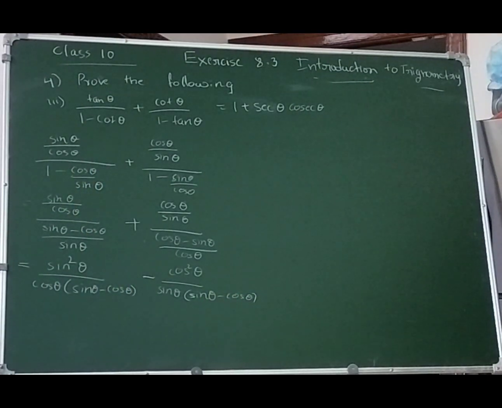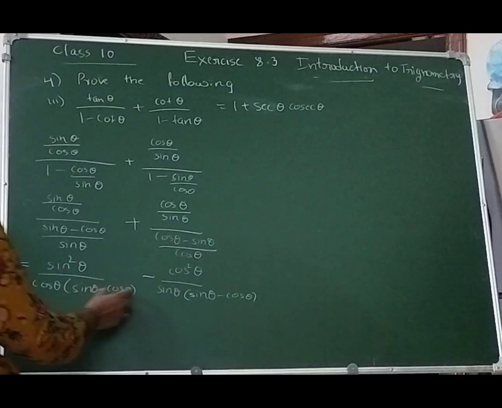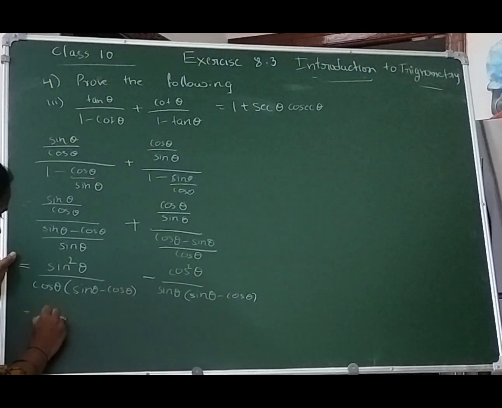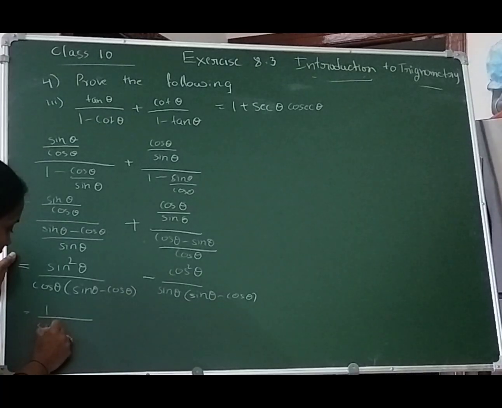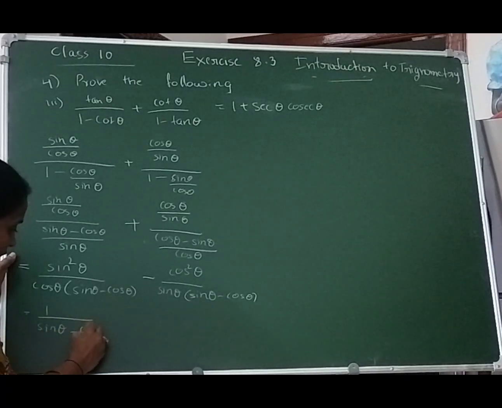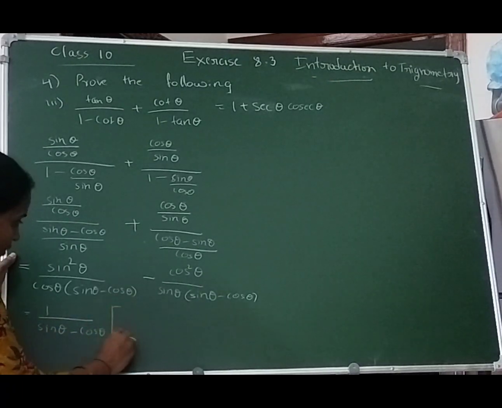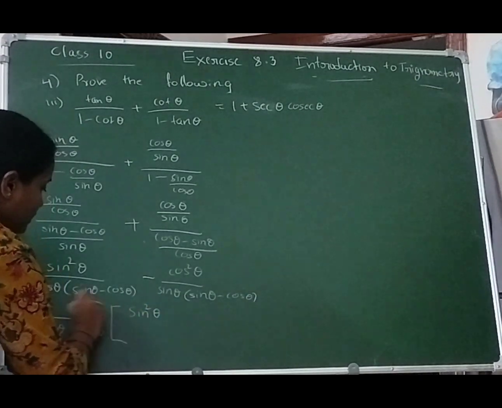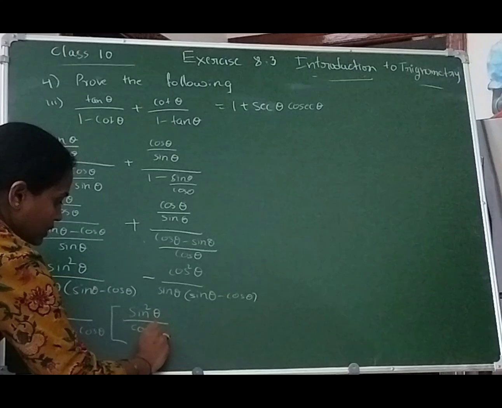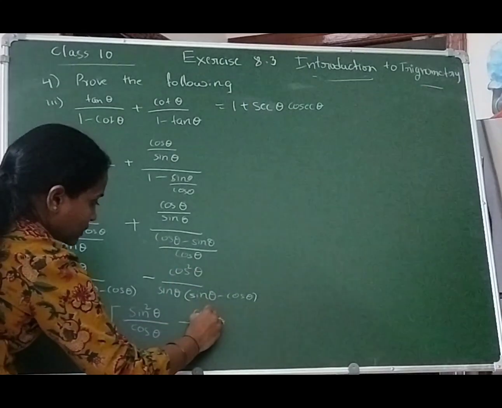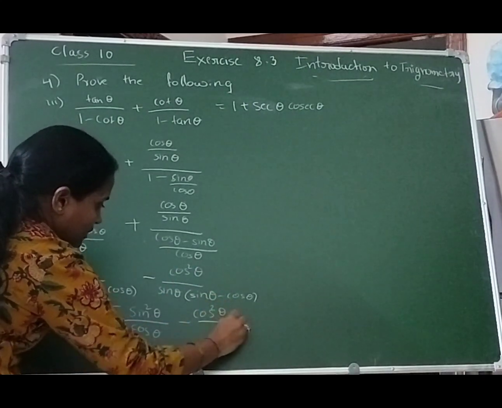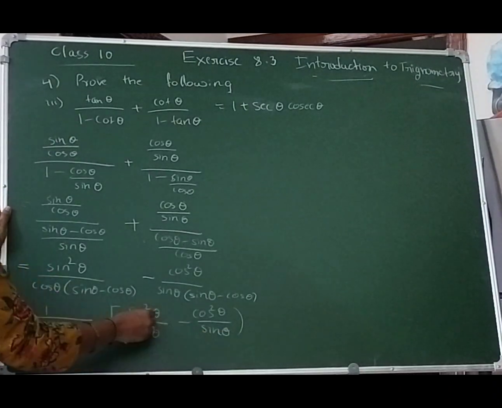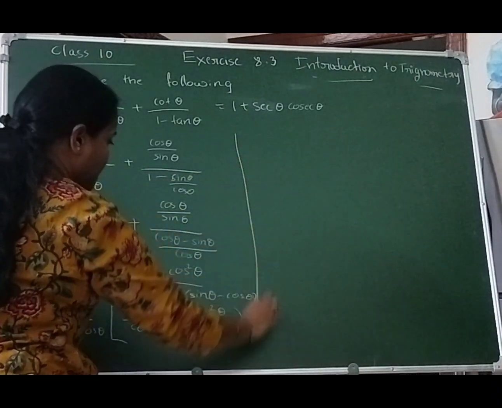So you can see here (sin θ − cos θ) is common in both. We'll take it outside. So it is reduced to 1 divided by (sin θ − cos θ) into [sin² θ divided by cos θ minus cos² θ divided by sin θ]. So we will take LCM to solve further.